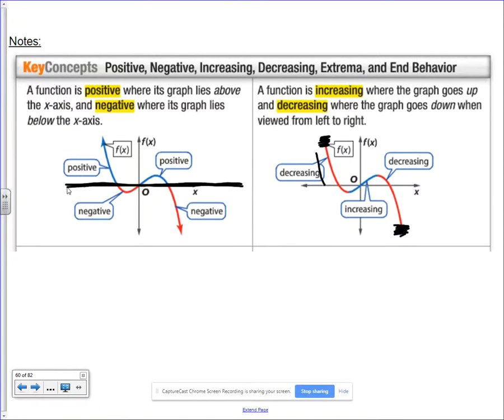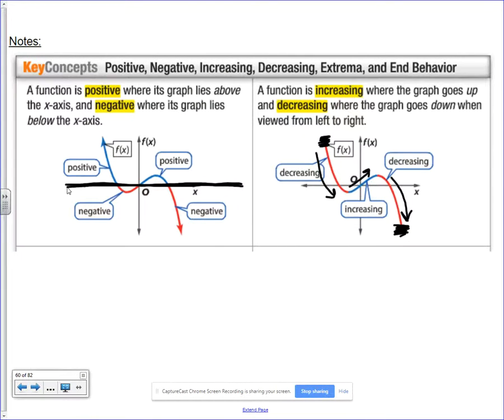See how this is going down? Yep. Then what does it do? Then it increases and then it decreases. So please do not look at the arrows. You want to look at it as you read it from left to right. How'd we do? You make little notes on there like I did? Come on. So that's positive and negative, increasing and decreasing.